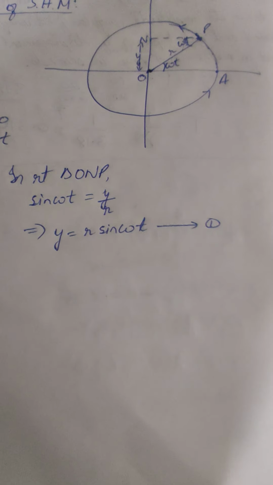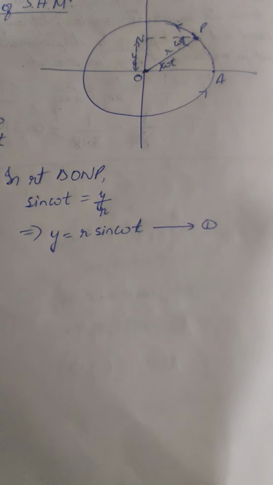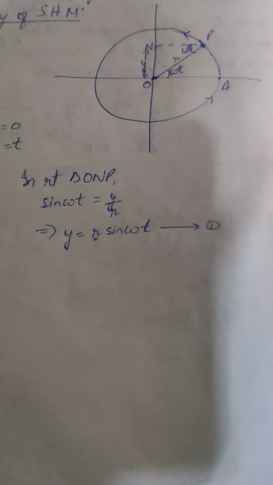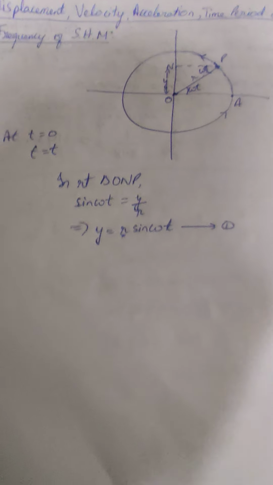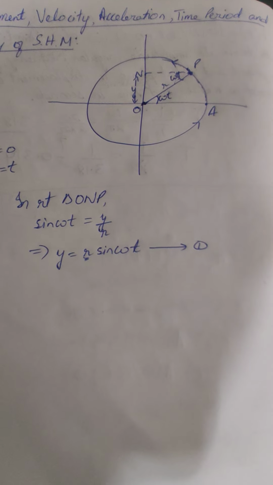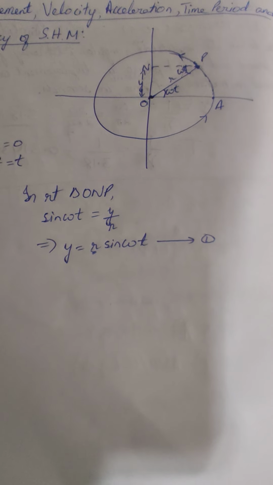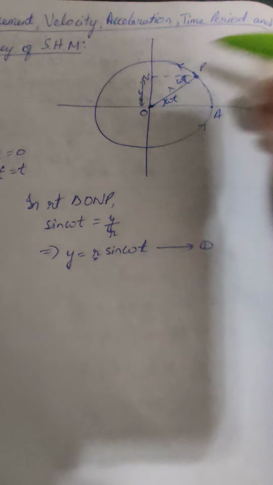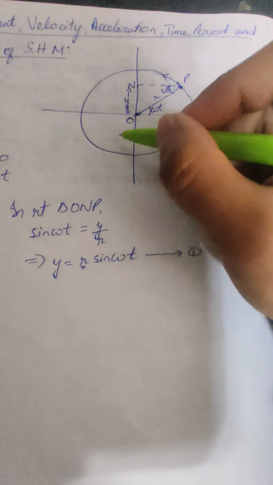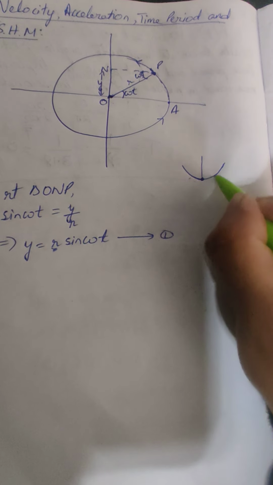Here r is the radius of the circle, and this value of r is what we call the displacement amplitude, or simply amplitude. The amplitude of the simple harmonic motion is defined as the maximum displacement on either side of the mean position. Consider a pendulum moving on either side.